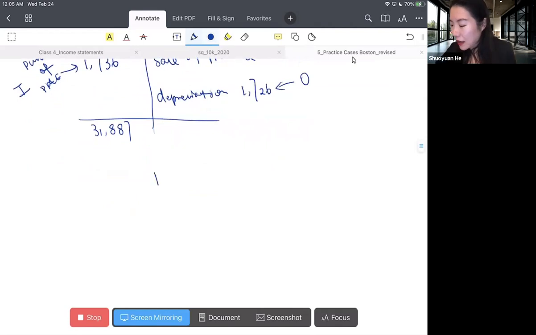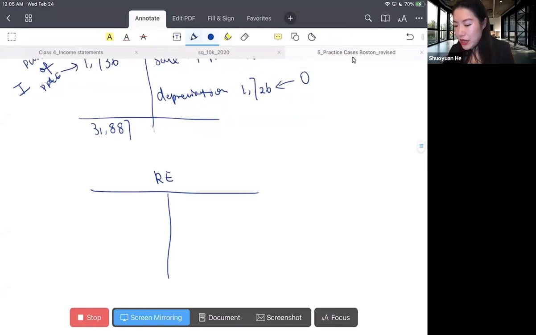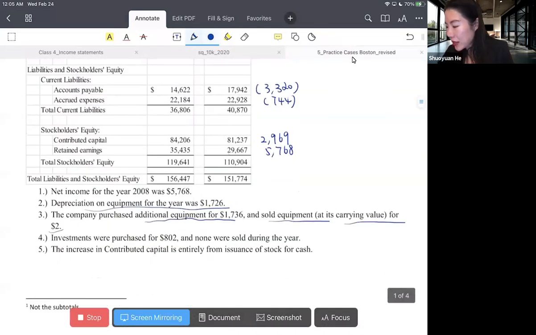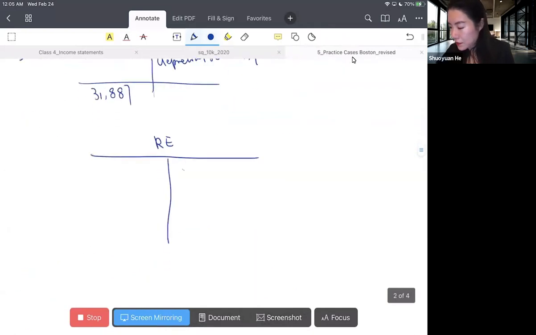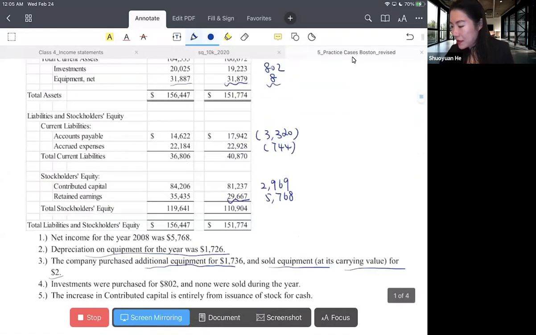So the other account we need to decompose is your retained earning. Retained earning beginning balance 29,667, and ending balance 35,435.